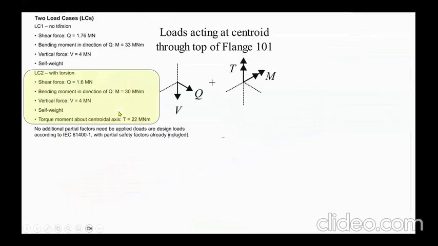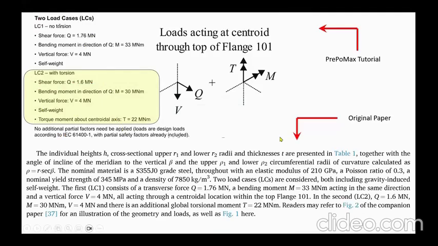You get there. Now, when it comes to the problem under consideration, this buckling problem, the paper considers two loads. I'm only going to do the second one. This is coming out of the Pre-Pro Max tutorial. This is coming directly out of the paper. There is the weight of the tower and the flange, of course. There is a moment on the top, as you see applied.